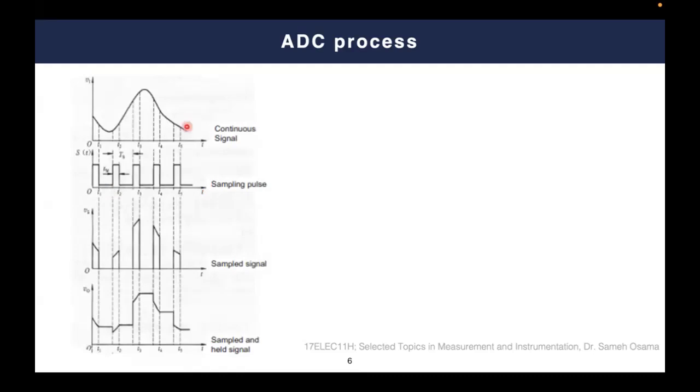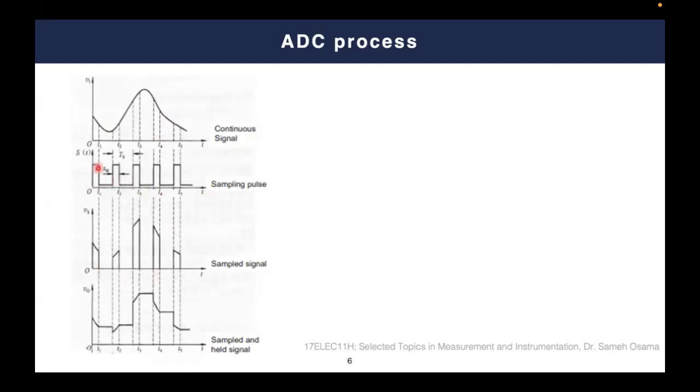If you use this continuous signal here, as you can see, this is a continuous signal in the time axis and in the amplitude axis. What if we multiply this signal by a train of pulses? So in these gaps between pulses, here, here, here, you are multiplying the signal by 0. So now the signal will not be defined in these gaps.